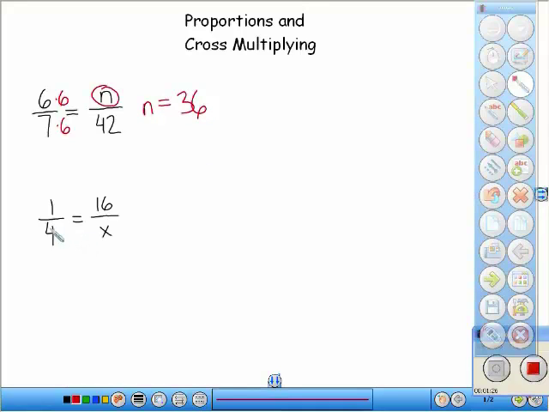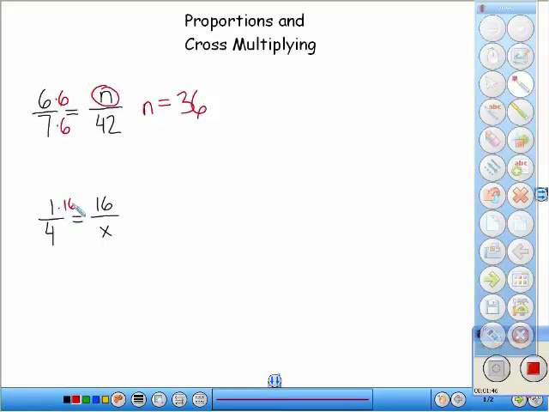All right? If we take a look at this problem down here, we're going to do the same thing. Remember in class we talked about when you're finding proportions, you should always try to do the faster, easier way first. And that's asking yourself, 1 times what equals 16? Well, 1 times 16 equals 16.